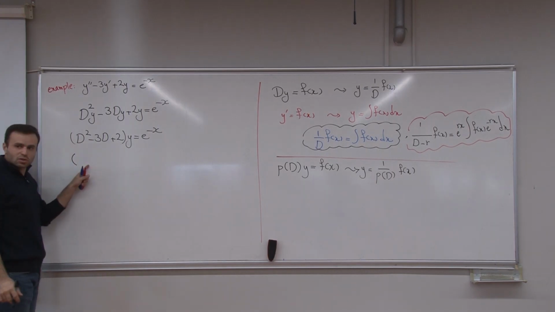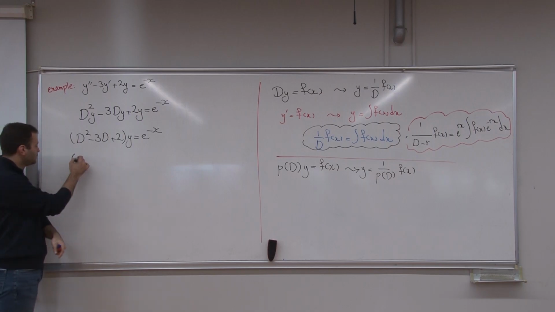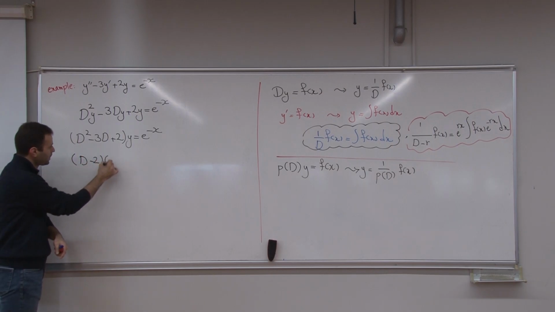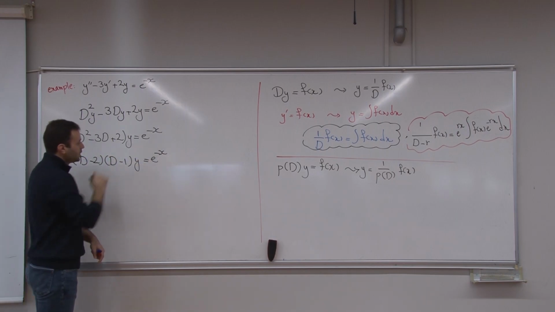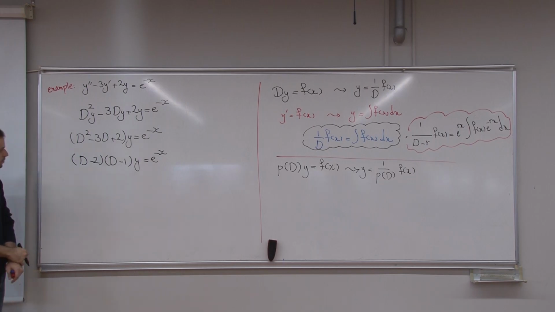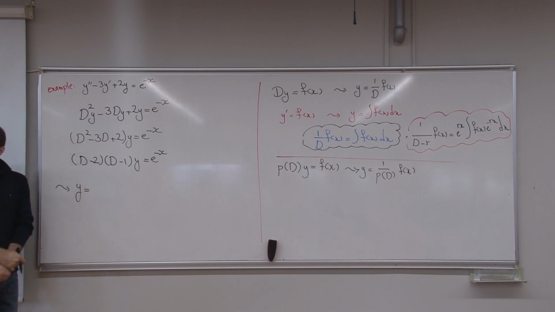Should I write D minus 2, D minus 1, or D minus 1, D minus 2? Which one would you like to have? D minus 2, D minus 1, y equals e to the power of minus x. Okay? From here, what is our y?